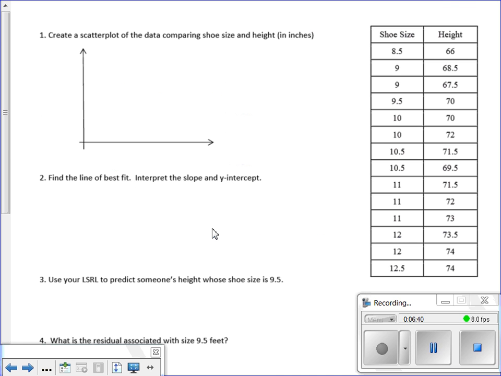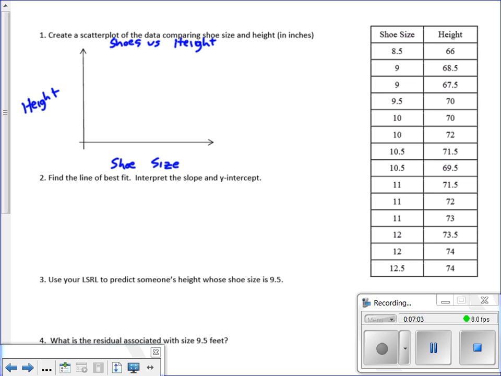So a quick example: here's some data on shoe sizes and heights. To create a quick scatter plot, we'll put shoe size on the x and height on the y-axis, so it's going to be shoes versus height. I'm just going to do a quick sketch.